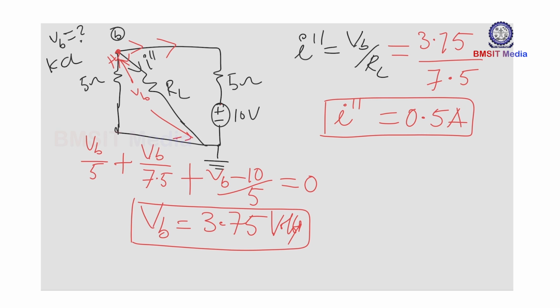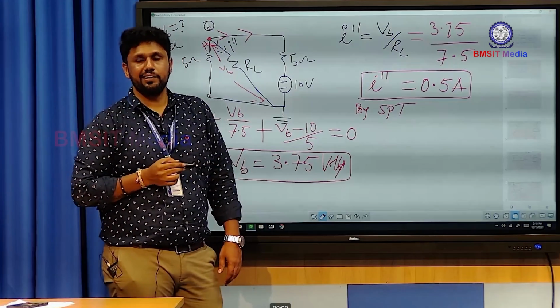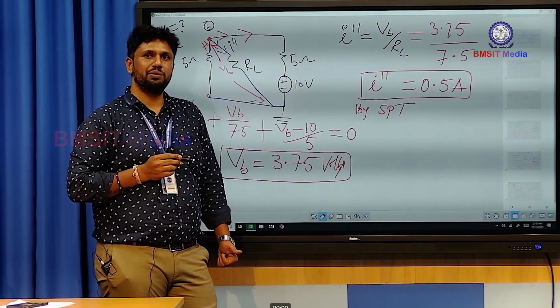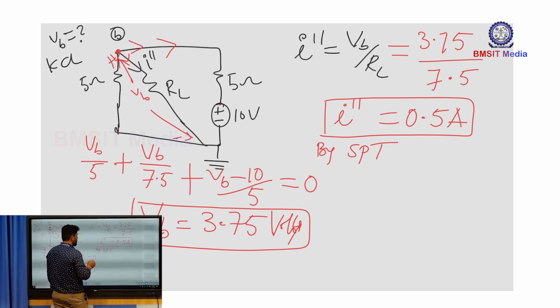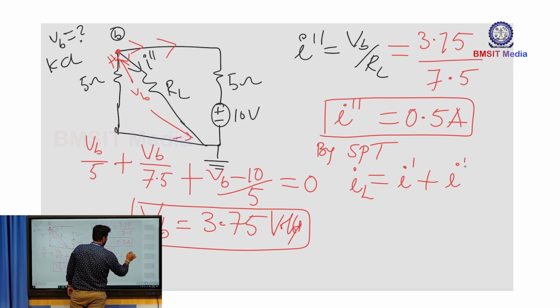Now at the end, we need to summarize both the individual responses. By SPT, when both the sources are acting, the total response will be the algebraic sum of the individual responses. So the load current flowing through the load resistance RL is I dash plus I double dash.